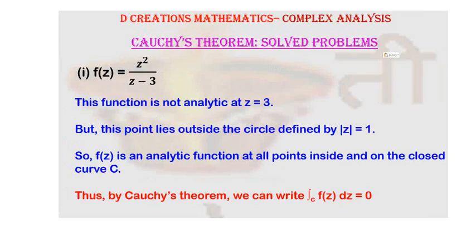But now we have to pay attention to what contour has been specified. So the contour is basically the unit circle. That means mod of z is 1.